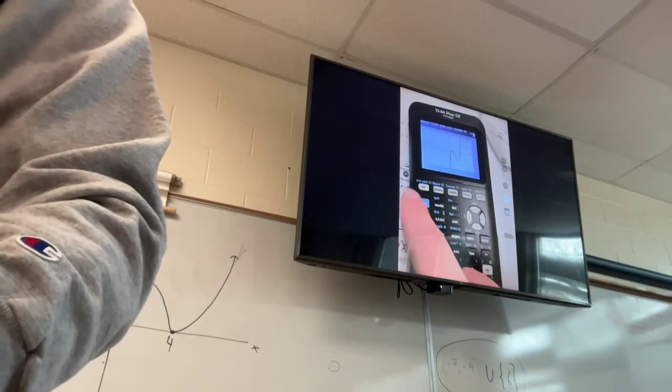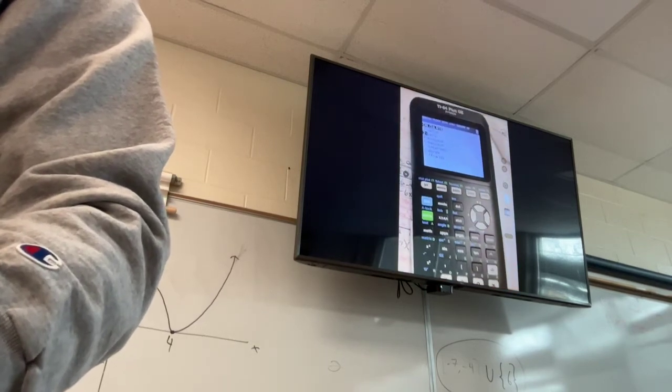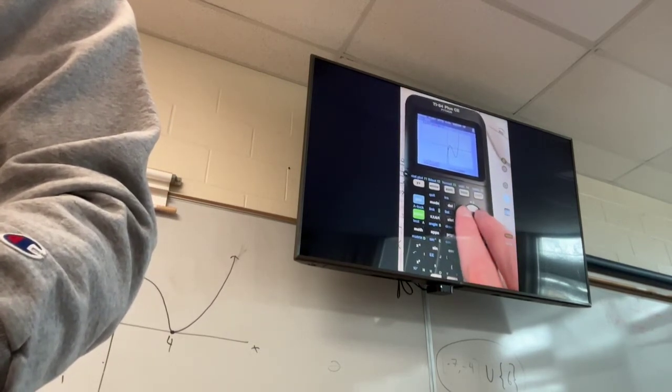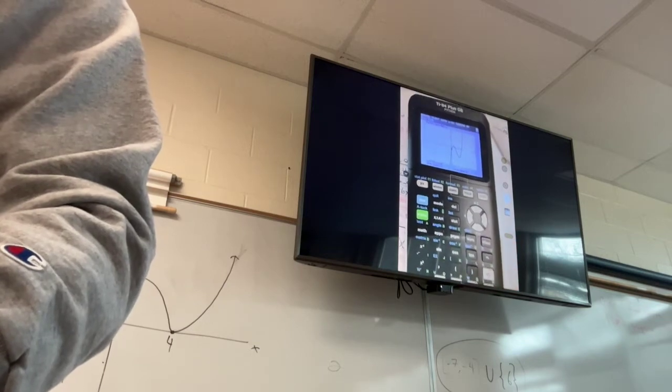Okay, second calc. We want the 0 function. It works the exact same as the extrema function.